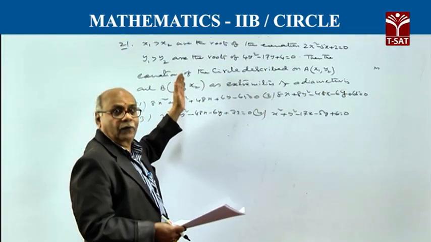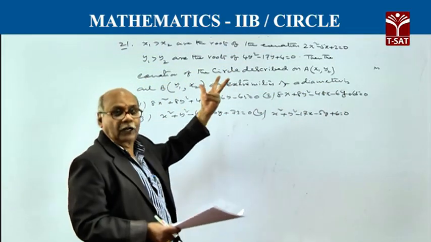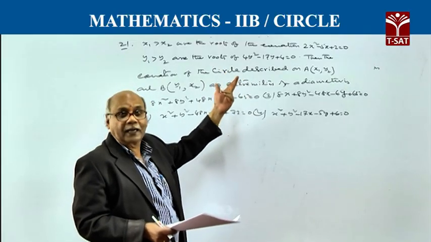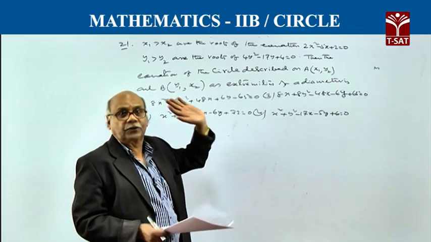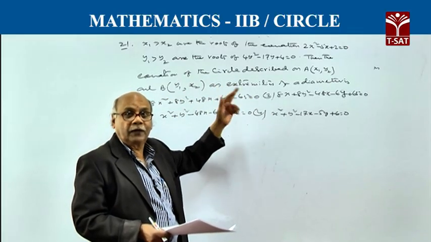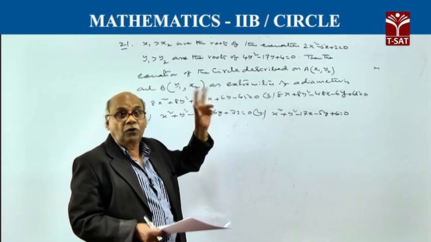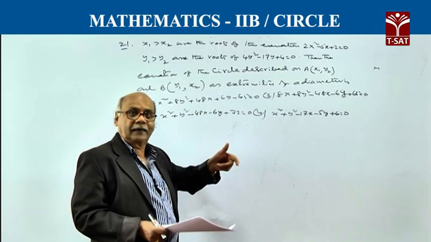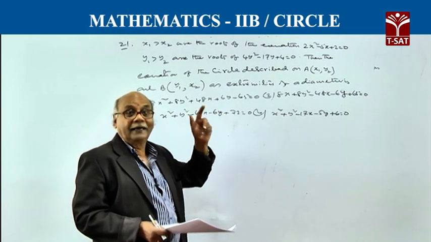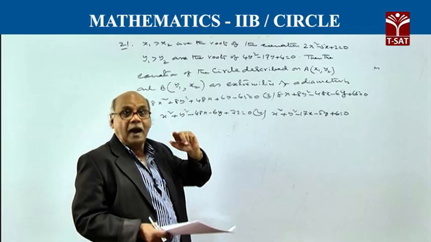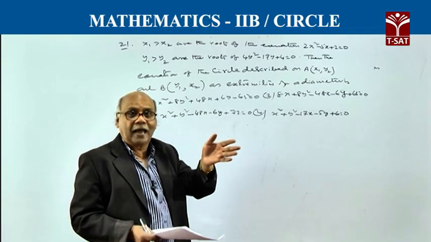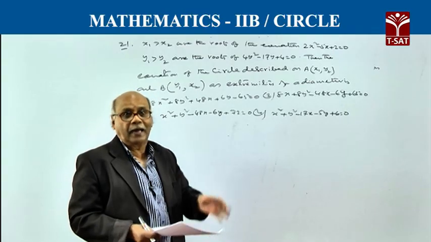Problem number 21. You are given two quadratic equations. The first equation has roots x1 and x2, where x1 is greater than x2. The second quadratic equation has roots y1 and y2, where y1 is greater than y2. Now he is asking for the equation of the circle described on A(x1, y2) and B(y1, x2) as the extremes of a diameter.